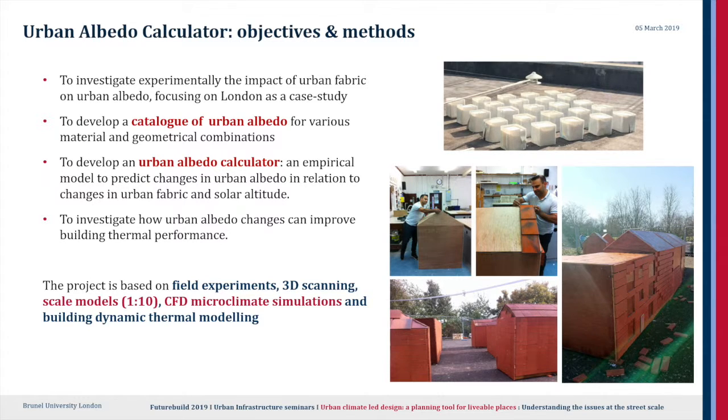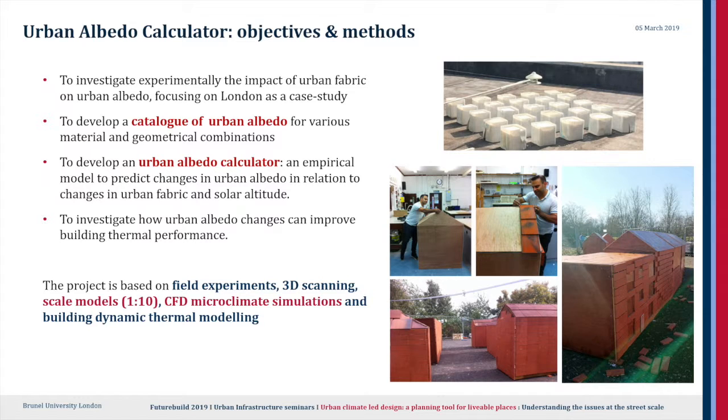This project is developed through experiments and modeling, but the big novelty is that to study the global effect of urban geometry and materials on the radiation balance, for the first time we are using a scale model of a real urban fabric, and this model is a big one.